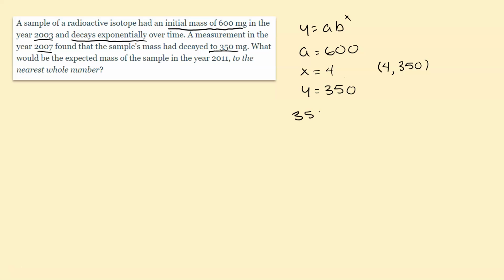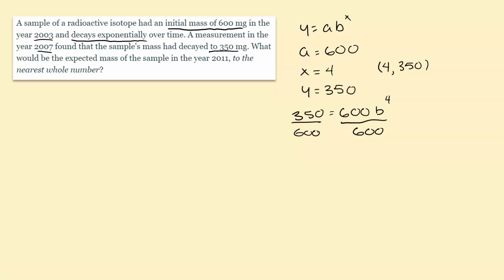So we have 350 equals 600 times b to the 4th. Don't know the b value. That's okay, because we have everything else. So now we can go ahead and solve this for b. First thing I want to do is divide by 600 on both sides.